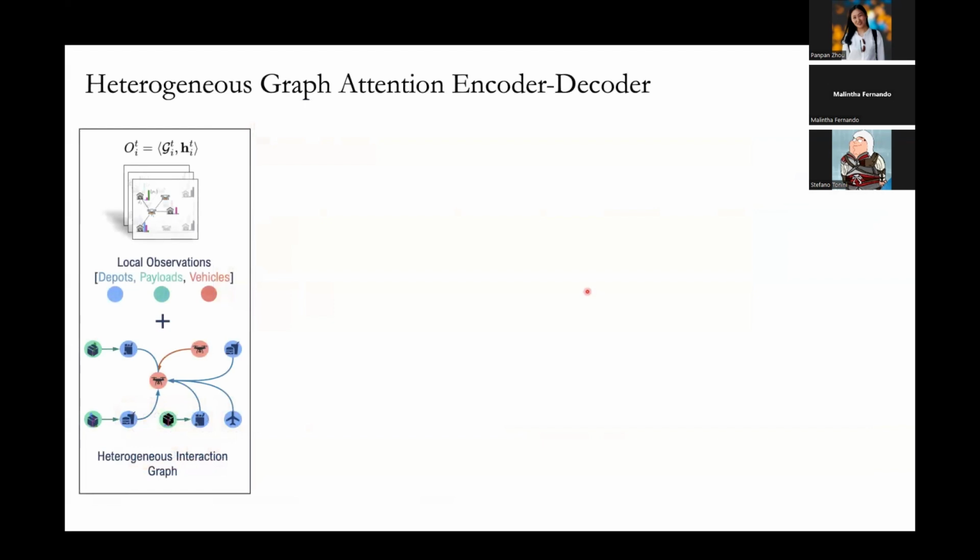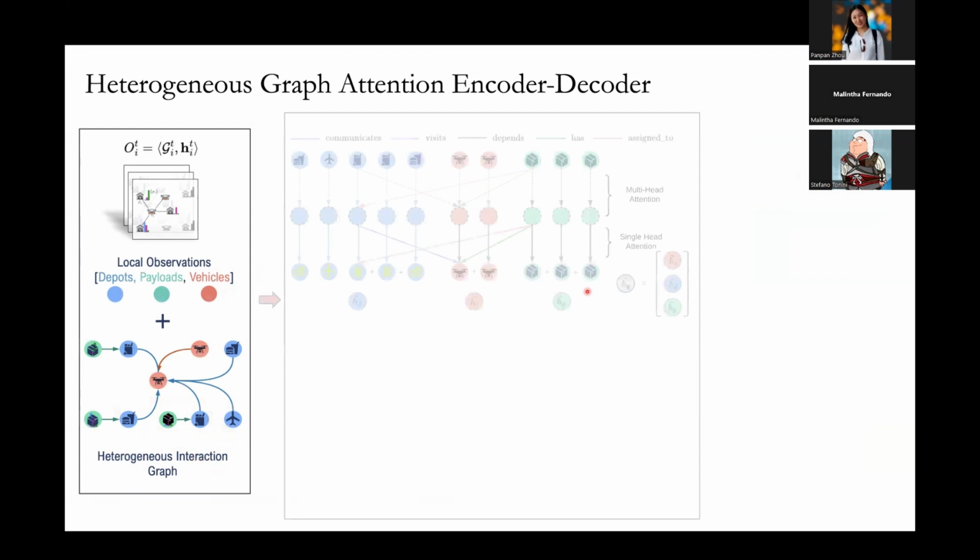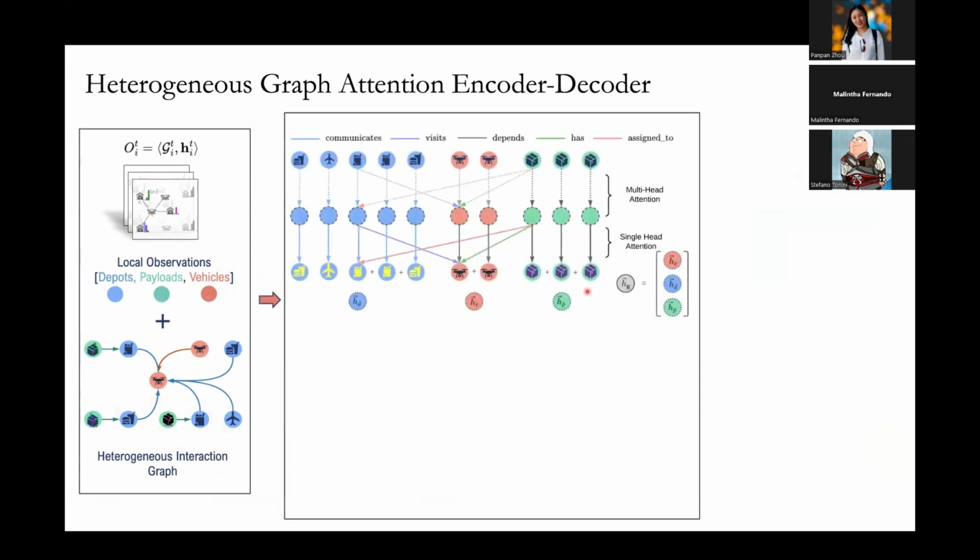Then how did we use this heterogeneous graph attention layer to calculate the actions? We proposed a graph attention encoder-decoder architecture. First, we have these observations that are graphs with features associated with the nodes. Then we calculate the heterogeneous interaction graph, which is the input for the encoder part of the neural network.